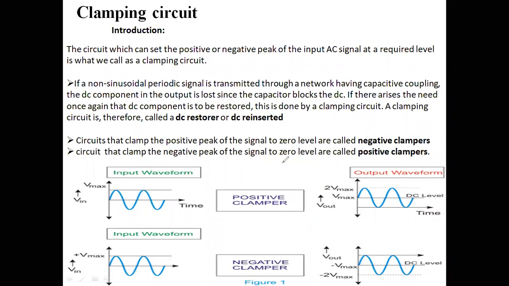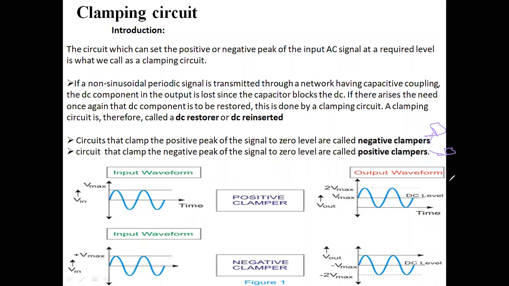Here also we have two types of clamping circuit: a positive clamping circuit and a negative clamping circuit. If it is positive, the complete input waveform shifts to the positive side. If we have biasing, there are subtopics: negative clamping circuit with biasing and positive clamping circuit with biasing voltage, similar to clippers.